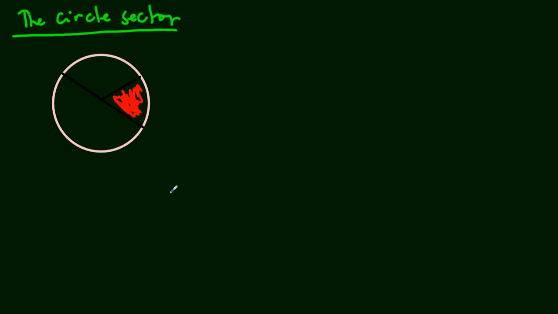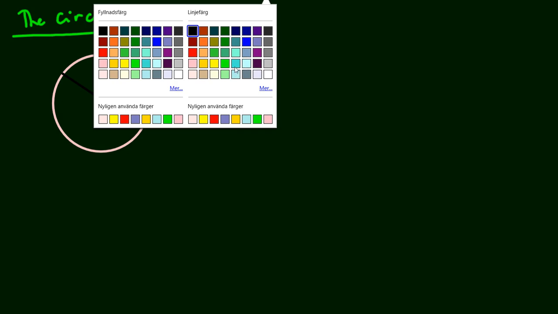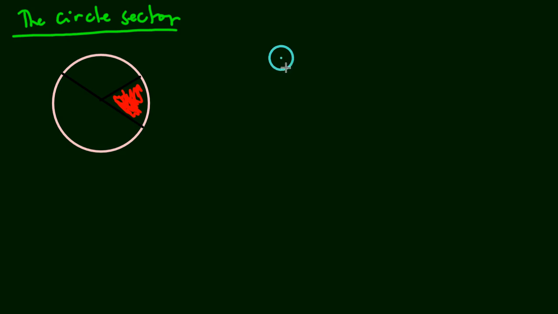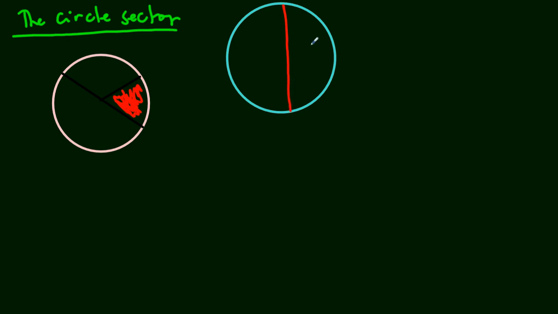Okay, I'm going to do the same thing like what we did with the arcs. If I'm going to take half of this, I'm going to find the area of this.